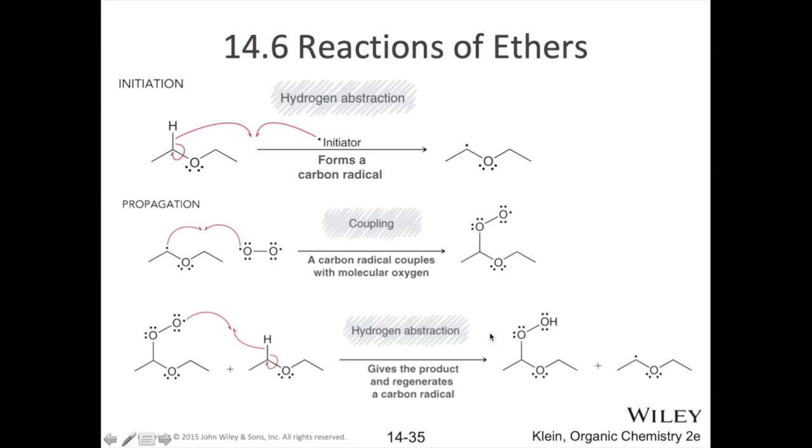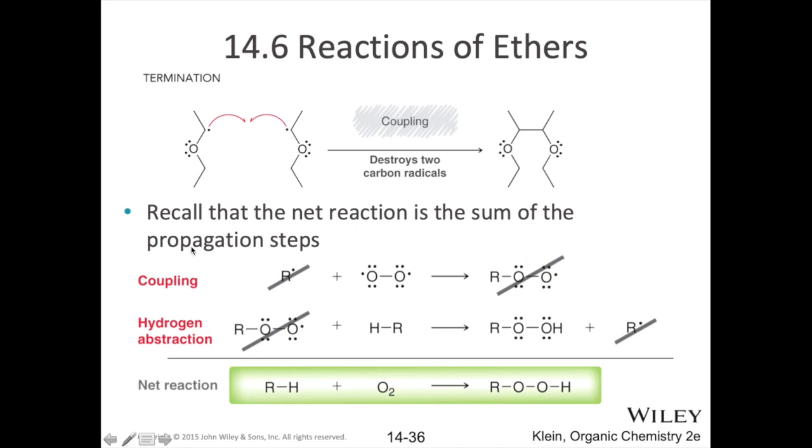So notice that we get the peroxy product, and we've recreated the initial ether radical, which we see back here. And so the chain reaction continues. All right, so there's the net effect for making a peroxide from your ether. That's the net reaction. We've just written everything out with RH to simplify things here. But essentially all we're doing is inserting an oxygen molecule in between our carbon and hydrogen bond.